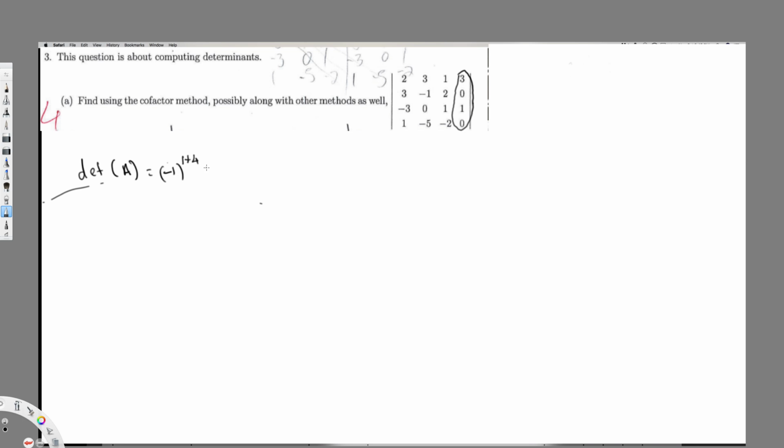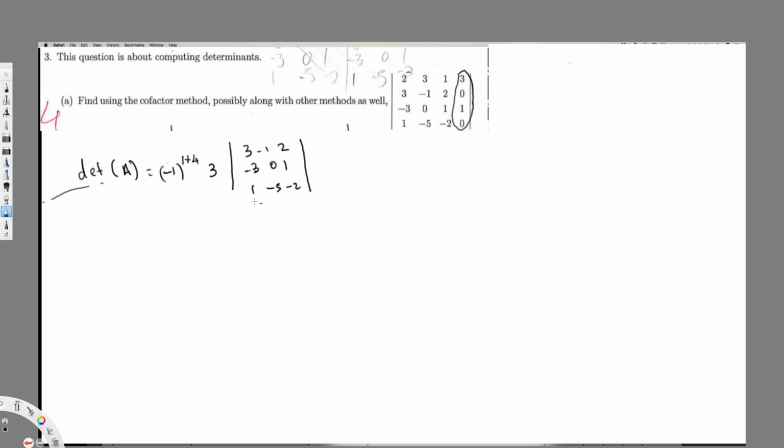Then we put 3, and then we write all the numbers except the horizontal and vertical axis of this one. So I remove this row and this column, and I end up with 3 minus 1 2, 3 minus 3 0, 1 minus 5 minus 2.